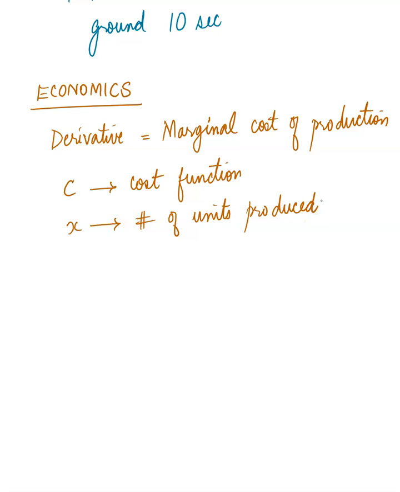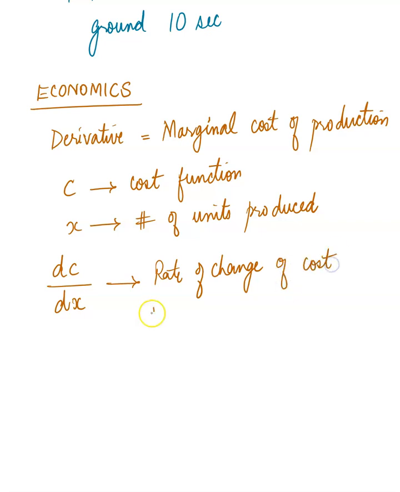we notice that if you took the derivative of cost with respect to the number of units produced, which is dC over dx, it refers to the rate of change of cost with respect to the level of production.